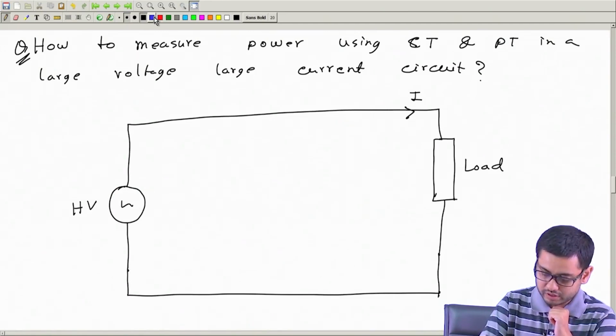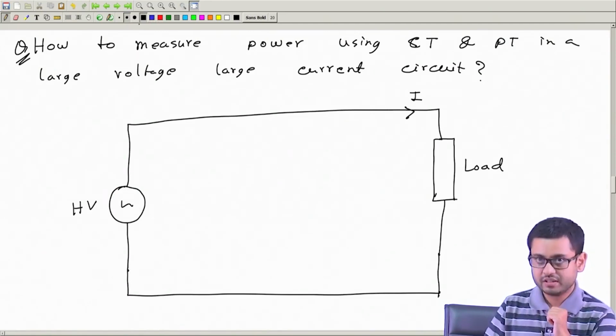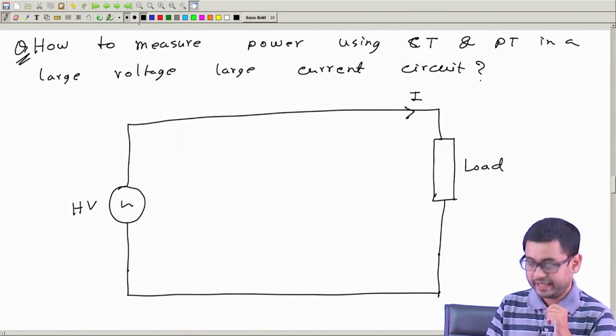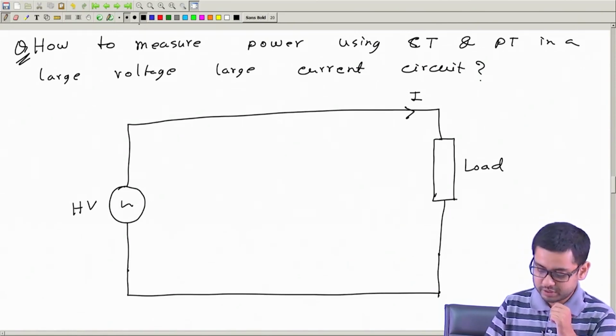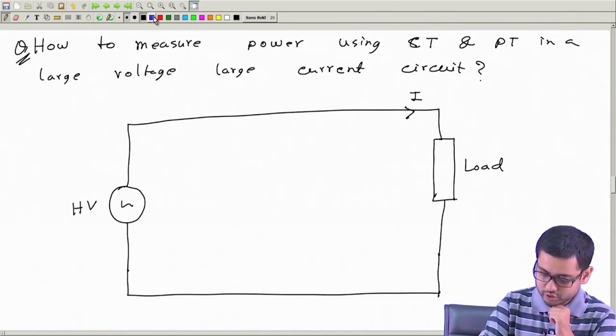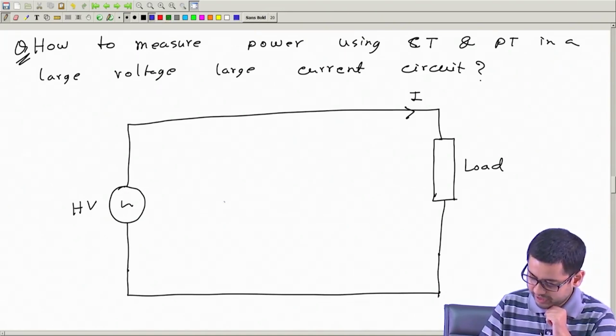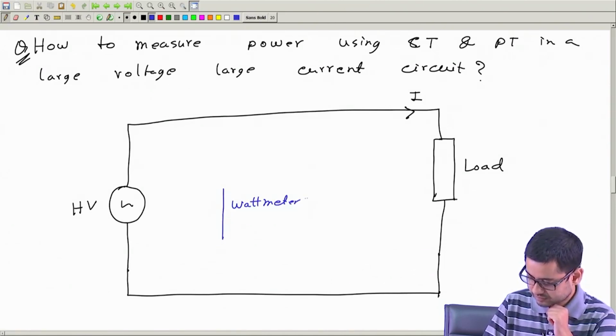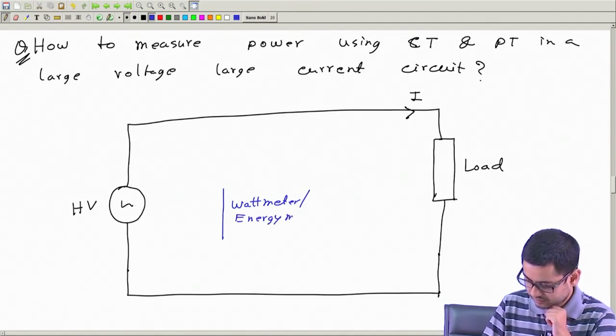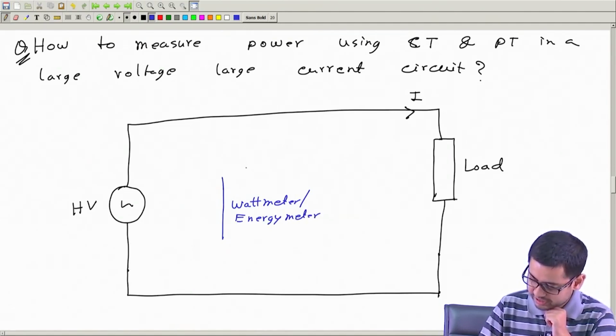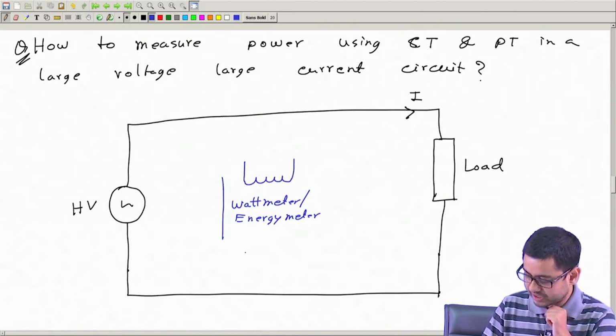We use a wattmeter, or if we want to measure energy, then we use an energy meter, which will have two coils, one to sense the voltage, another to sense the current.